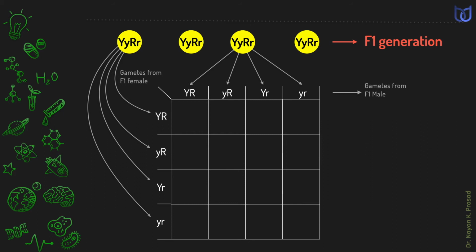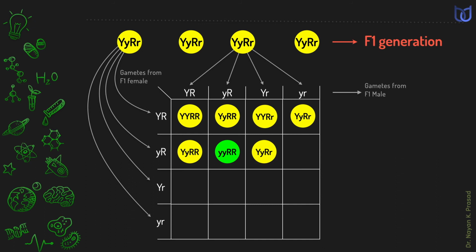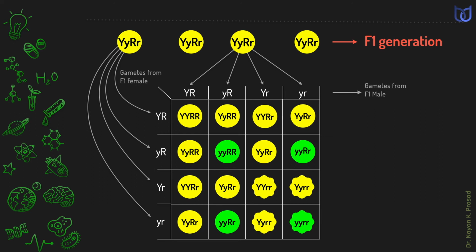When the first female gamete combines with the first male gamete, the resultant is capital Y, capital R. Similarly, when the first female gamete combines with the second male gamete, the resultant is also with capital Y, capital R. You can try this on your own and see the further combinations. Here we show different possible combinations one by one. These all are the individuals from F2 generation.